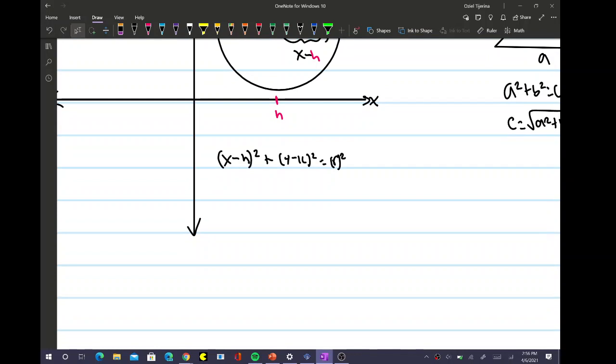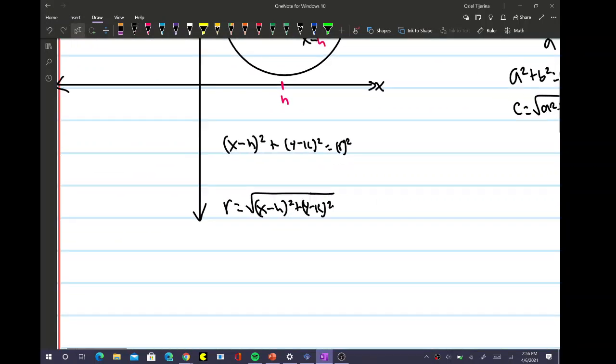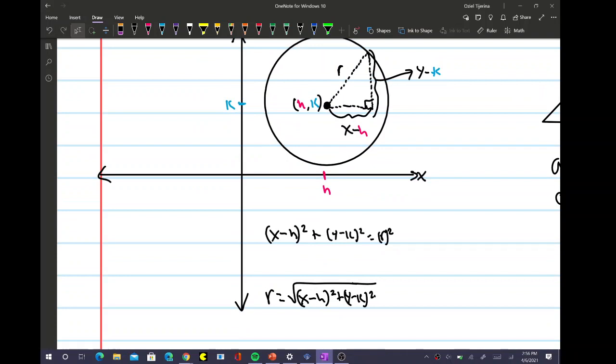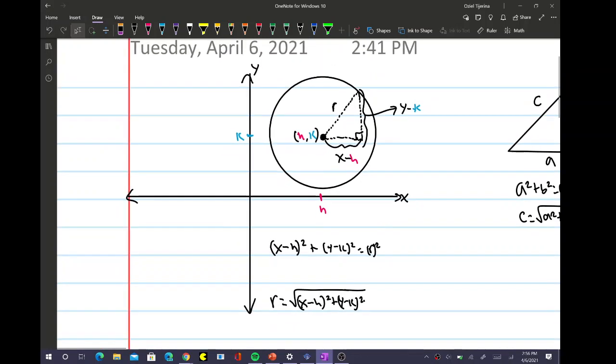And you could also write it as r equals the square root of x minus h squared plus y minus k squared, just like we did for the Pythagorean theorem. But that's basically what a circle is. That's how we define the equation of a circle.